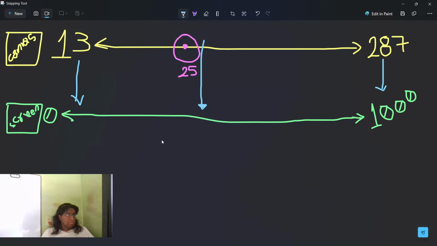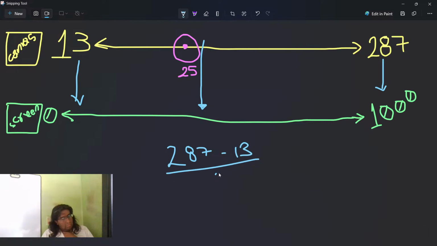Yeah, 200 minus 13. Is this the midpoint?